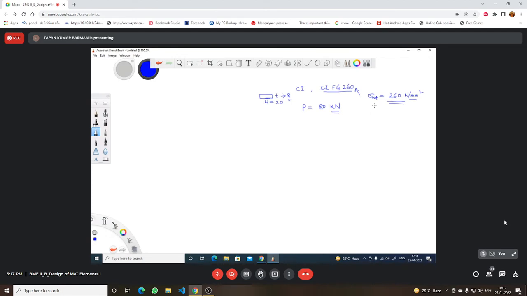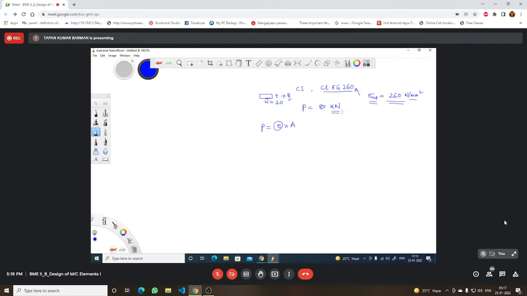Then, what is the factor of safety available with this design? So P should be how much? Sigma into area, the stress. If the nature of the load is a tensile loading, so we will consider this thing. So sigma is basically how much?